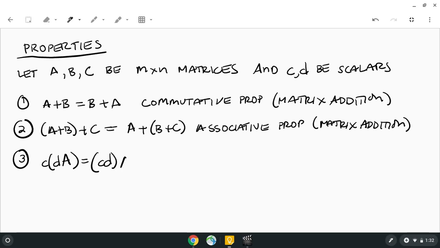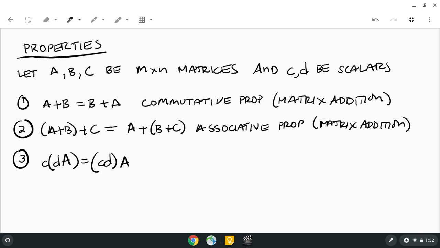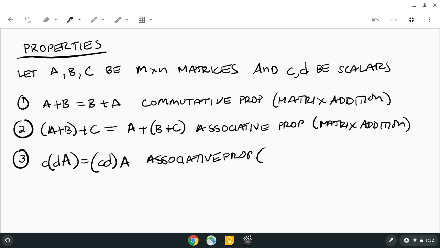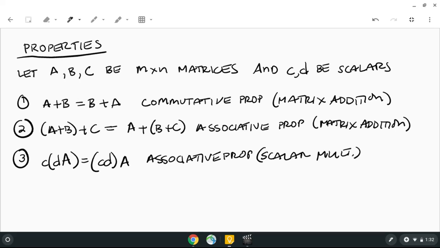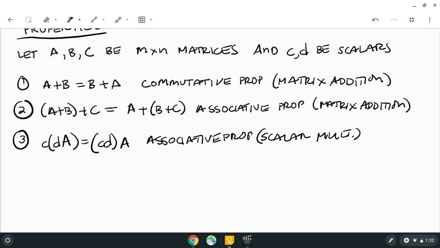So we have the associative property for scalar multiplication, as opposed to matrix multiplication, which we haven't done yet.